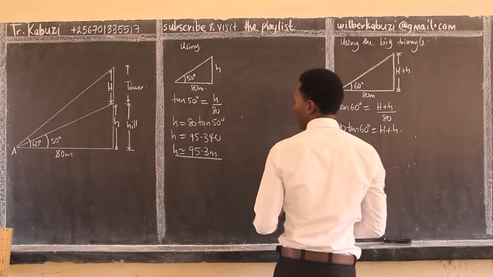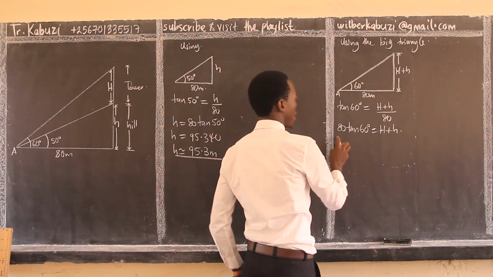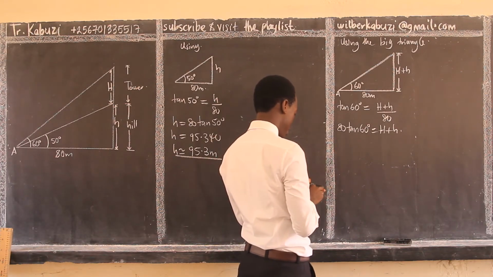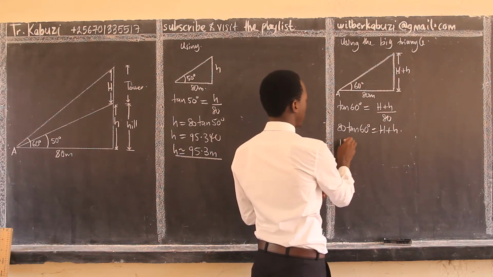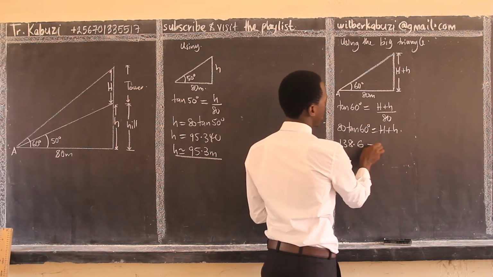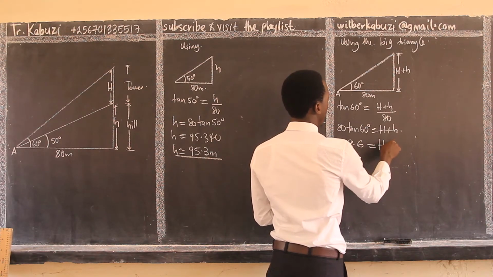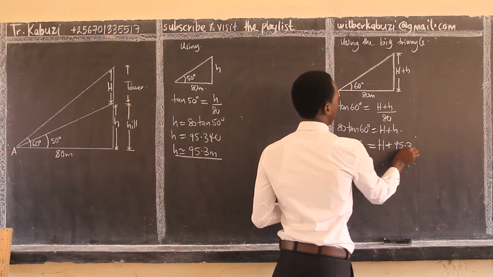But remember, you already have our small h here. So when you press this on the calculator, you have 138.6 equals H plus my small h, 95.3.